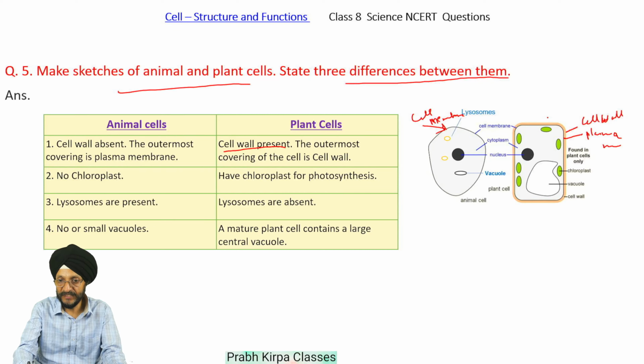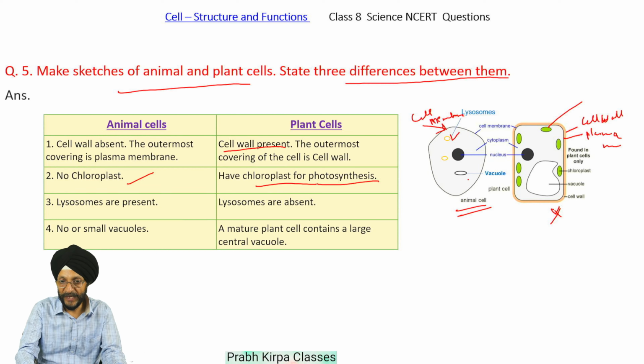Chloroplast, which is green colored, is not present in animal cells, whereas plant cells have chloroplast, which they require for manufacturing of food, that is photosynthesis. Lysosomes, which contain digestive enzymes, are present in animal cells, whereas they are not present in plant cells.